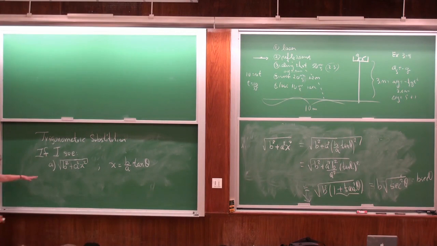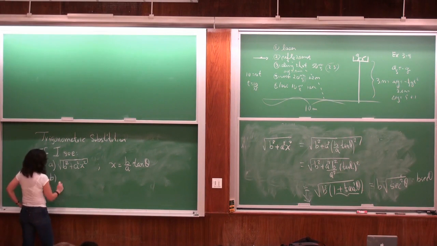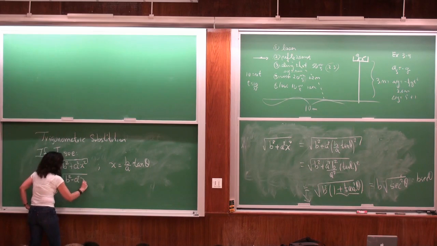Now, this is not the only possibility. This is one possibility. Now there is another possibility. What if instead of a plus here, I have a minus? So now I'm going to have B squared minus A squared x squared.